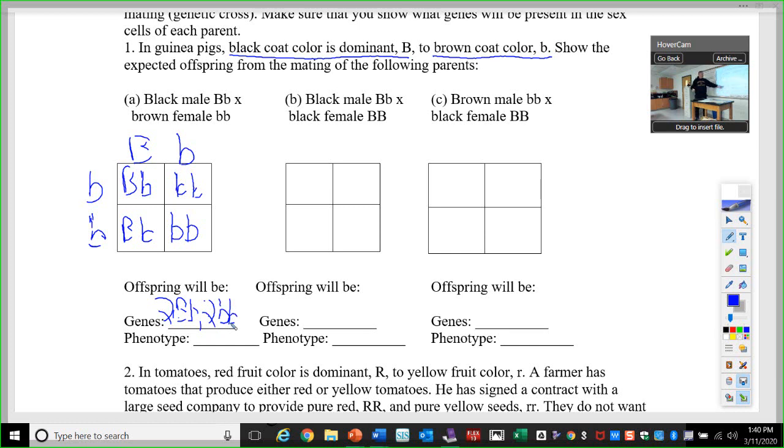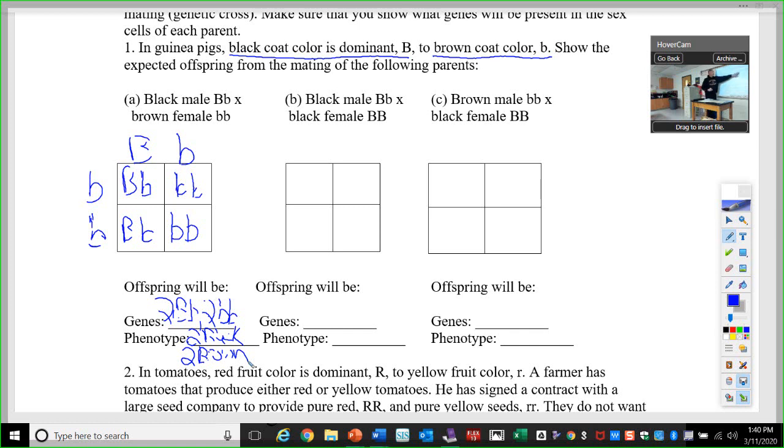Good. 2 black, because it has the dominant, and 2 brown. So that's what you're writing in here. 2 black, 2 brown. Any questions there? Very good. 2 black, 2 brown.